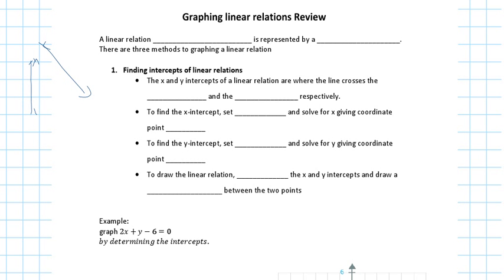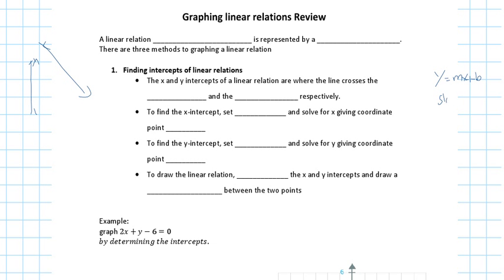Does it ring a bell at all? That's one way that we can write a linear function. We'll talk about that in a bit. This is called the slope y-intercept form. We'll talk about that in a second.